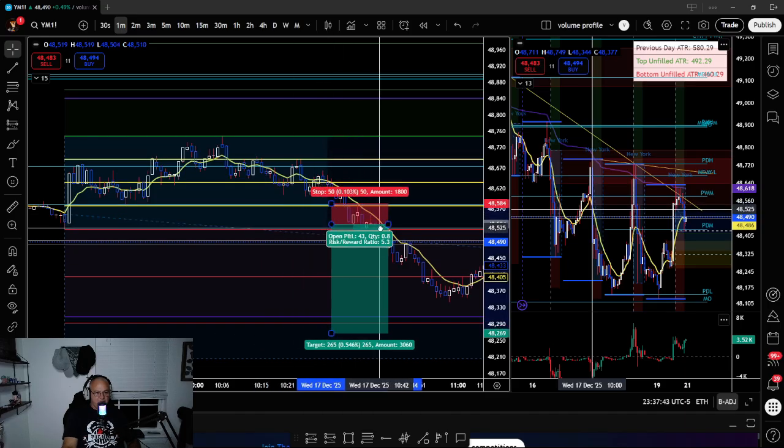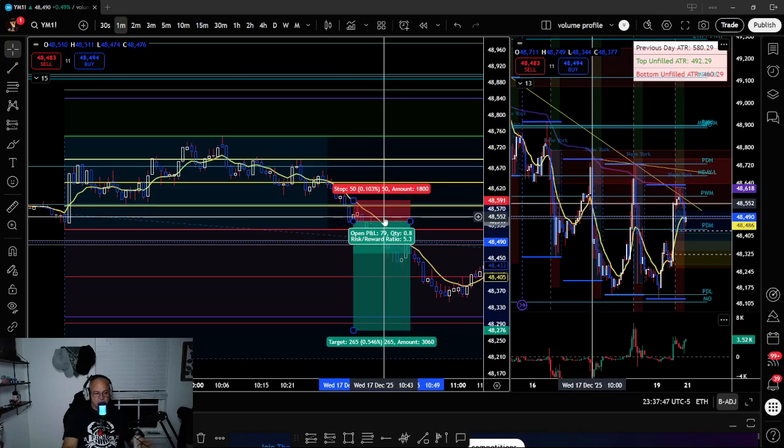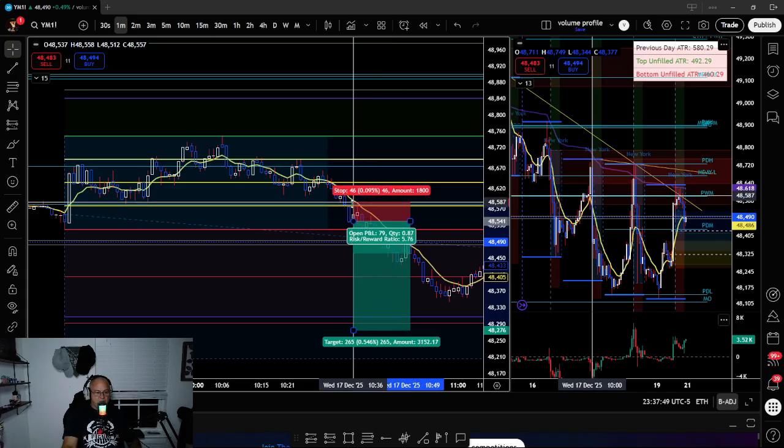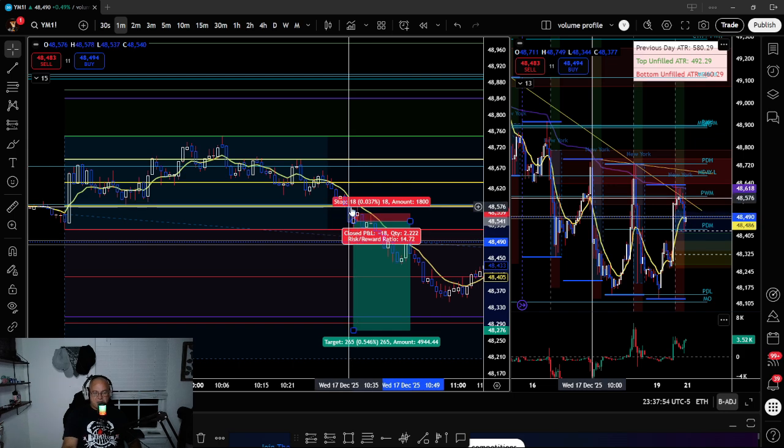If I pull that down to about right there, which is around where it's going to be, this isn't exact science, and I pull my stop down, now my stop is more than half the risk from where it was, 50 points to 18 points.